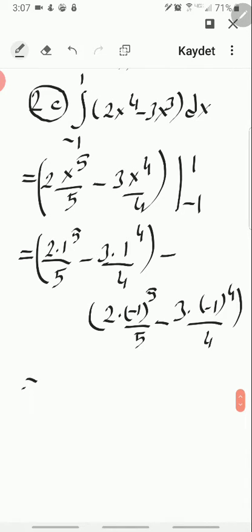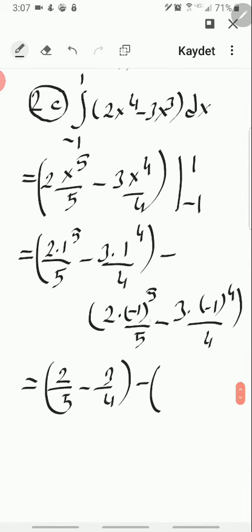You know that any power of 1 is 1, so 1 to the 5 is 1, giving 2 over 5. Again 1 to the 4 is 1, giving minus 3 over 4. In the next part, we have minus 1 to the power 5. The power is an odd number, so the result is negative, so we get minus 2 over 5. And here it is an even power, which is positive, so we get minus 3 over 4.